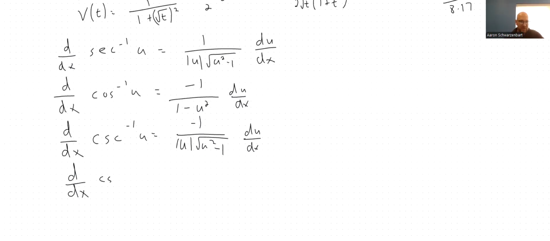Well, this one's cotangent. And those are your 6 inverse trig functions.